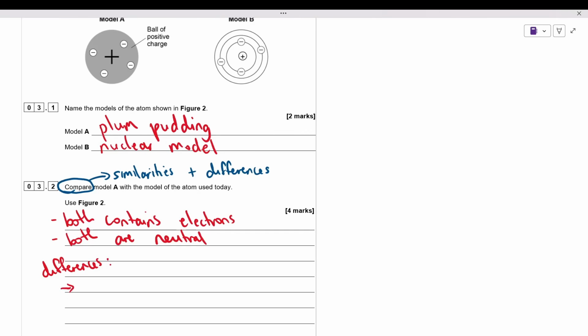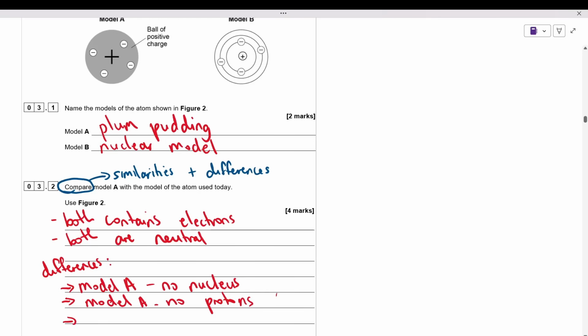So we have model A, no nucleus, while the current model does. Model A has no protons.